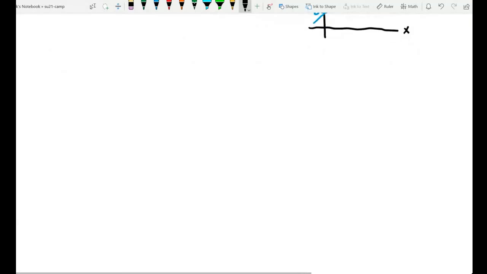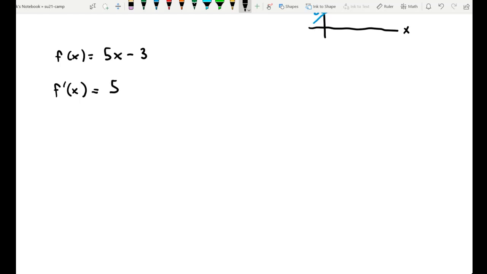So for example, if your function is 5x minus 3, what's the derivative of that function? Yeah, it's just 5. It's just the slope because it's a line of slope 5. Okay.